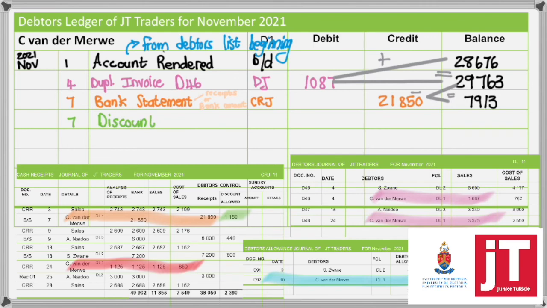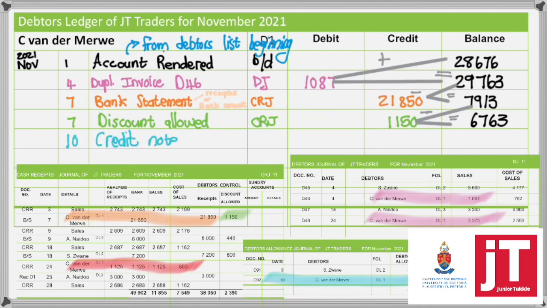Then you have to show the discount that you received on the same day. So discount allowed CRJ, that's the 1,050, which you also minus from the 7,930 to get a final total of 6,763 Rand. Then there was a return, so a credit note 92 was issued.